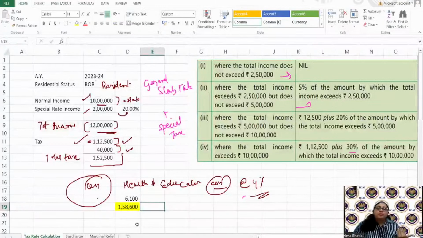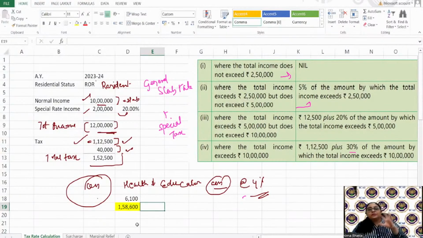So you should never forget to apply the cess. You will calculate the total tax and then add an additional 4%, which is 4% of the tax amount, not of the income amount, of the tax amount.